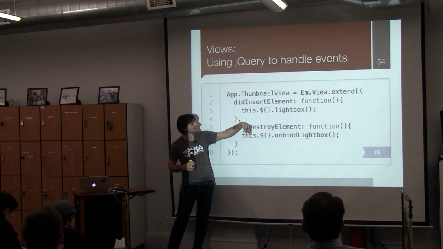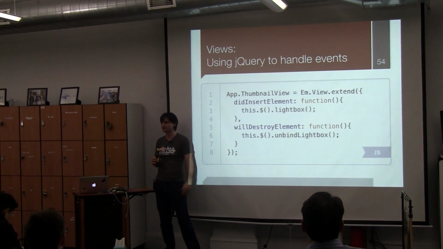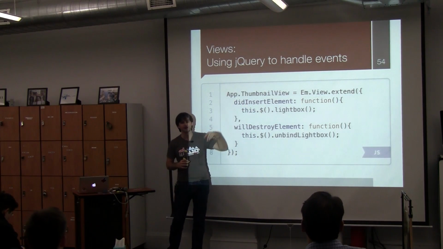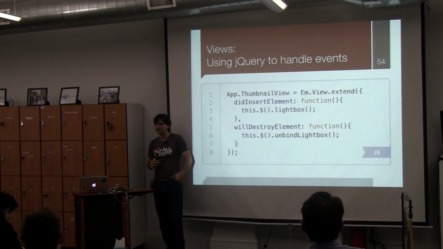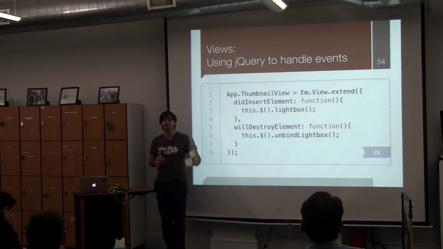If I say this.$, this is a jQuery reference to that div. And so maybe I have a jQuery plugin that I've loaded, a Lightbox plugin. I can simply say this.$().lightbox. And that jQuery plugin is going to attach whatever event handlers it does. And so when I click that thumbnail, it's going to Lightbox it for me.